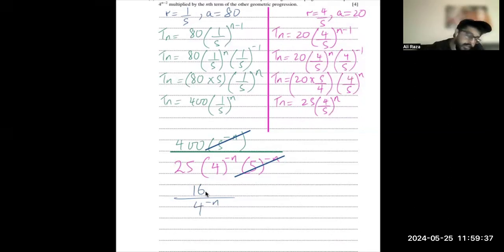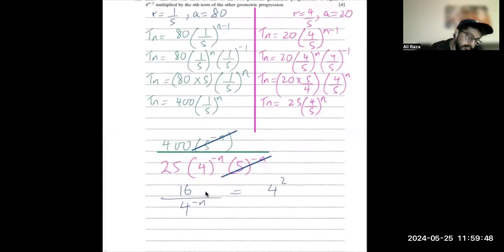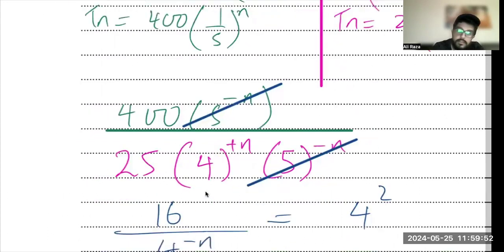This can be simplified to 4 squared, it is supposed to be plus n.